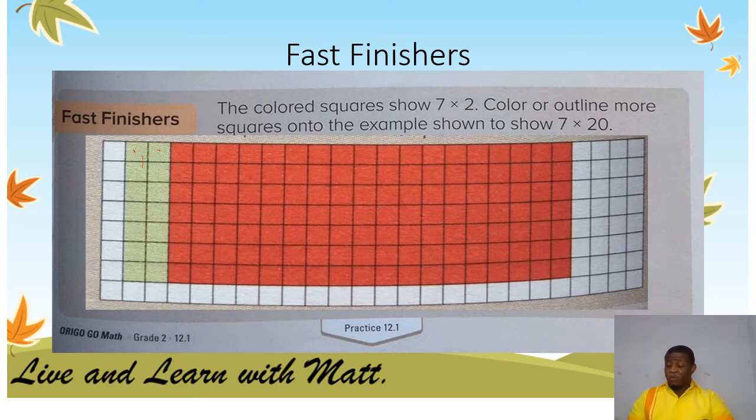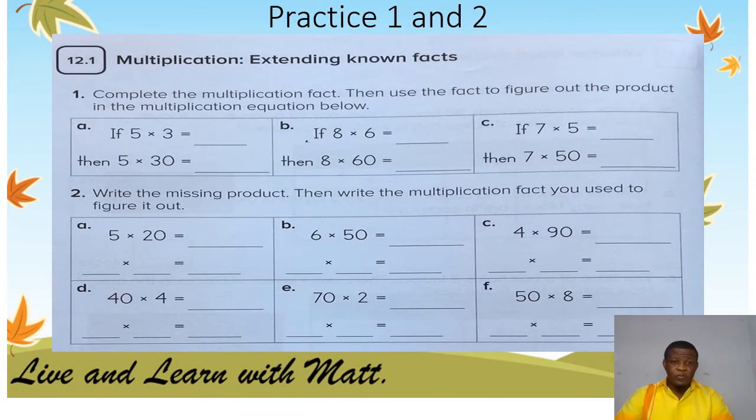Now, if you're done, bring out your practice book and open to lesson 12.1. Number 1, complete the multiplication facts, then use the fact to figure out the product in the multiplication equation below.